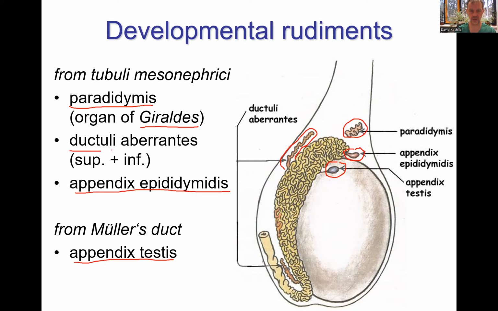Then it's called aberrant ductulus. So we can have these four developmental rudiments. They are usually asymptomatic, but they can change into a cyst and they can be enlarged. And it's necessary to distinguish them from a tumor.